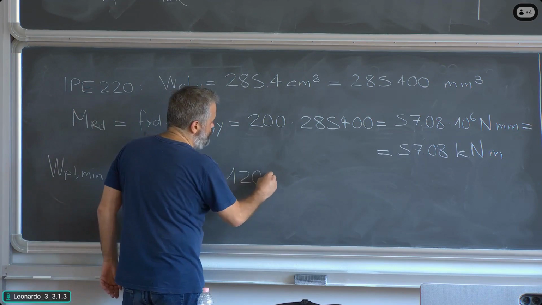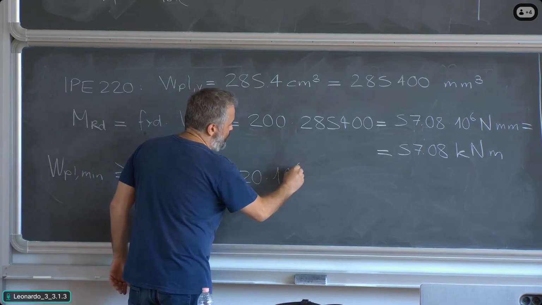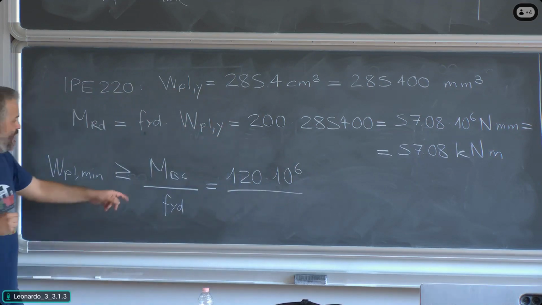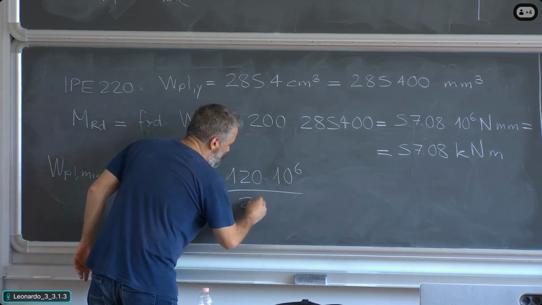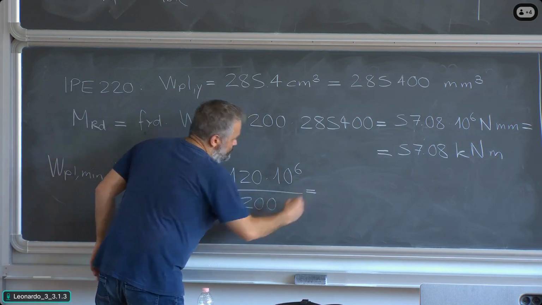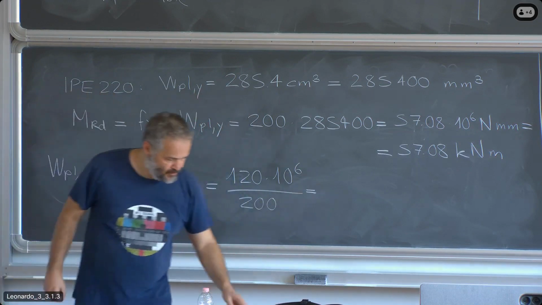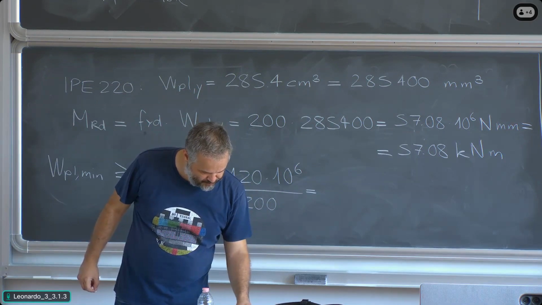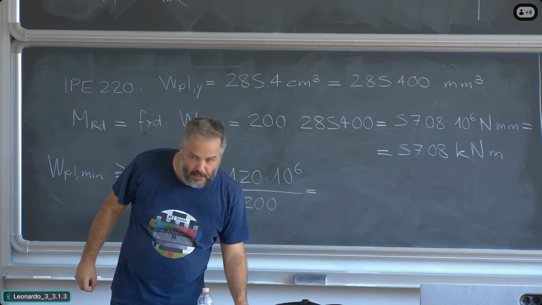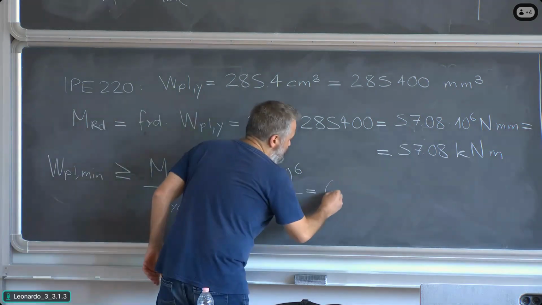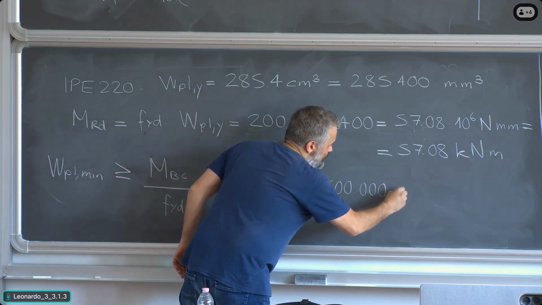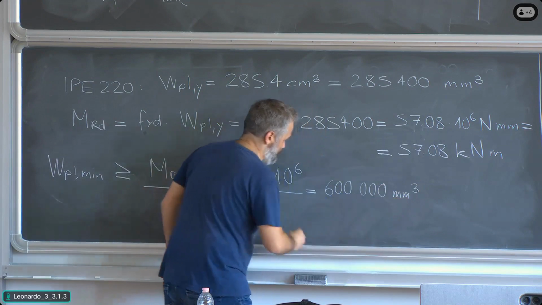In Newton millimeters, it's 120 times 10 to the power of 6, divided by FYD, which is 200. Let's do the math. Result is 600,000 millimeters to the power of 3.